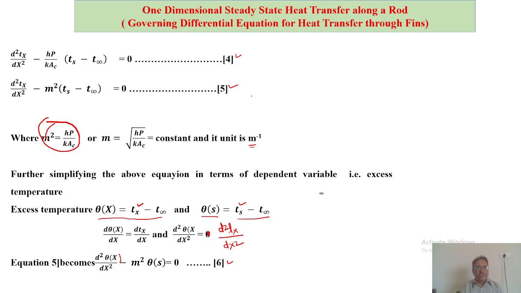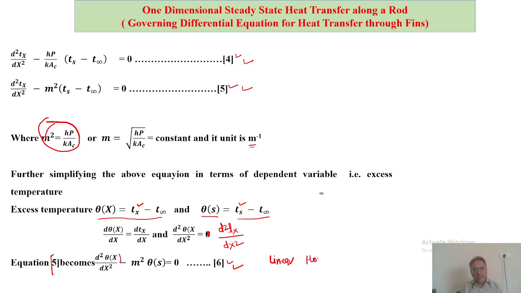Equation number 4, equation number 5 and equation number 6. Now if you closely observe equations 4, 5 and 6, it is a linear homogeneous differential equation of second order.